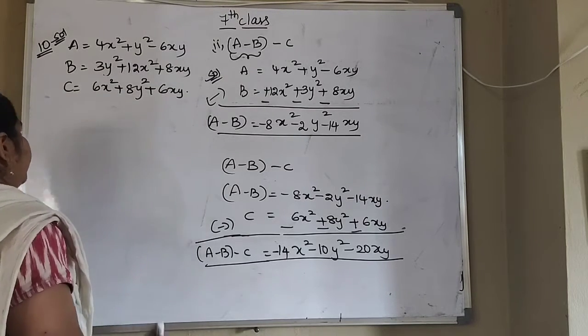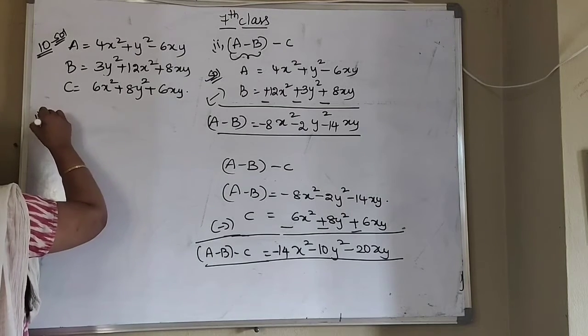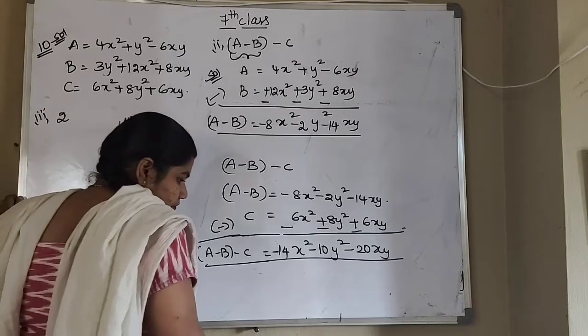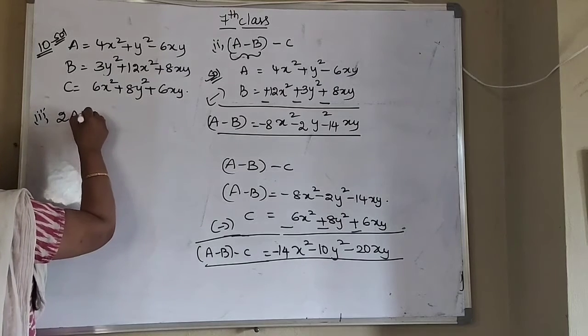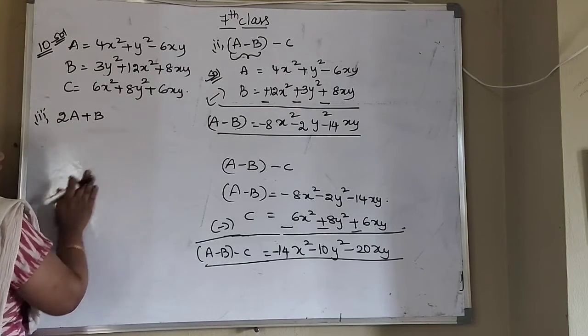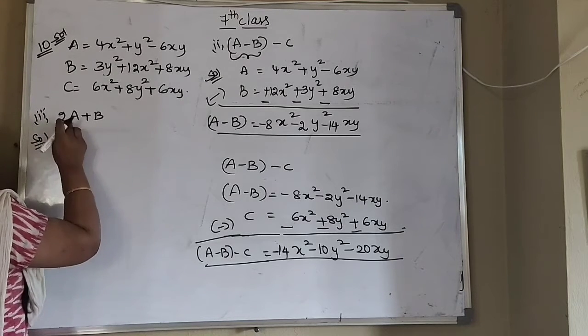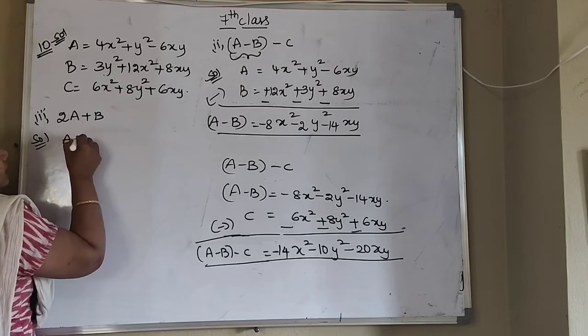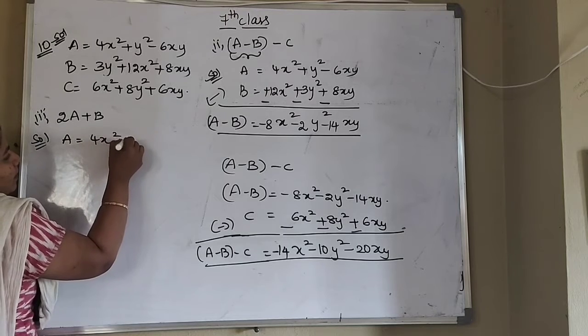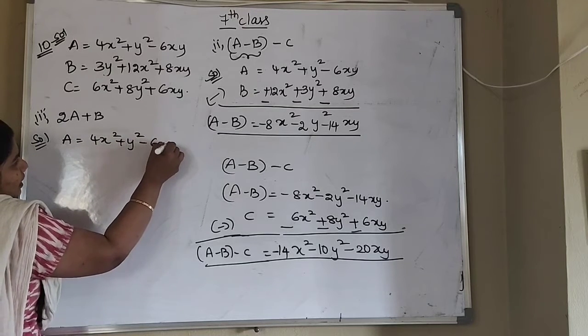Okay, so now third bit, what is third bit they have given? That is 2A plus B. So 2A plus B. So for this A value you have to multiply 2 first. So A is how much? 4x square plus y square minus 6xy.